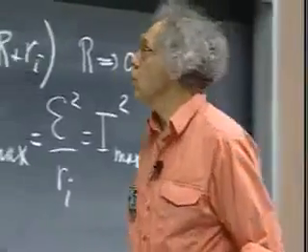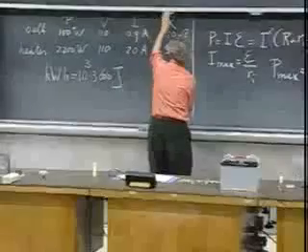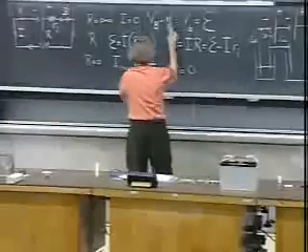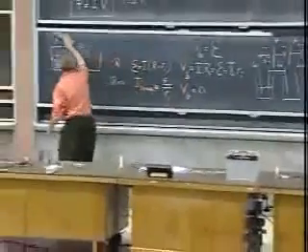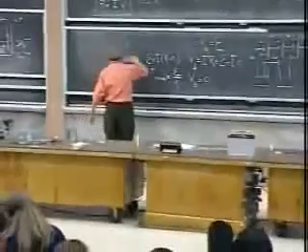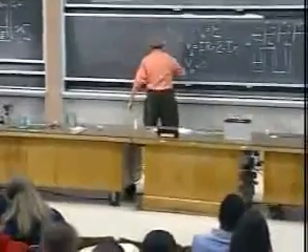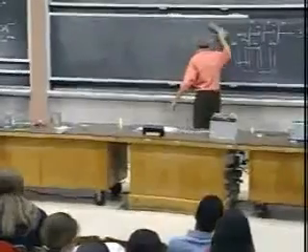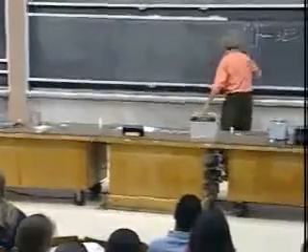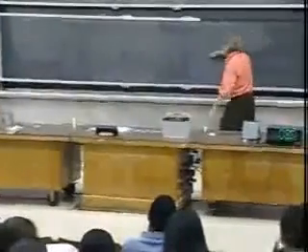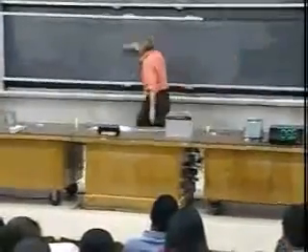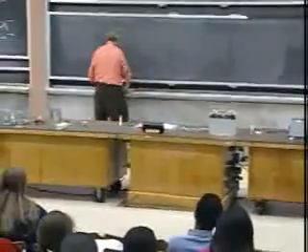Now I want to take a look with you at a network which consists of resistors and batteries. Now, this is the kind of stuff that you see on homework, assignments, and perhaps on exams.